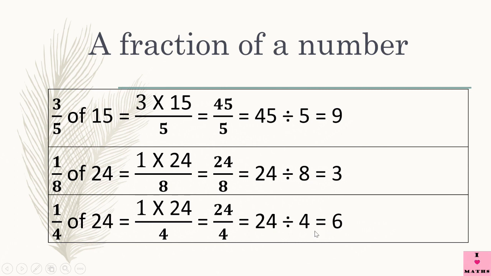Why? Because 6 fours are 24. So children, if you divide 24 into 4 equal parts, see 4 equal parts? So 1 part out of the 4 parts will be 6. So children, this is how we find out a fraction of a number.